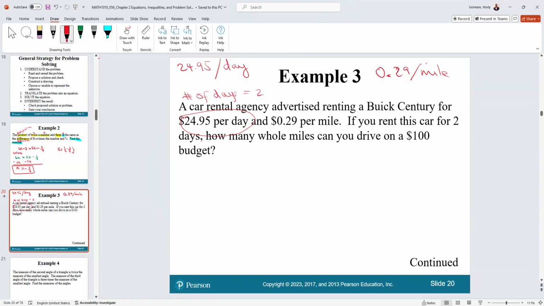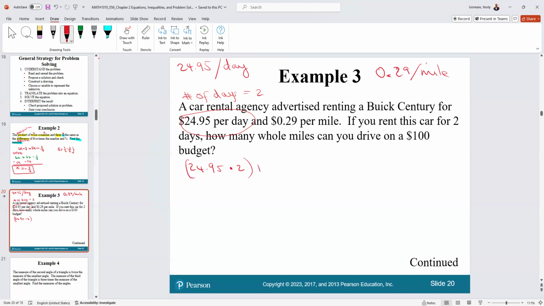Yes, please tell me. So what you need to do, because 1 day is 24.95, if you do it for 2 days, it's going to be 49.90. So you can say that you're going to do 24.95 times 2 for the 2 days, right?